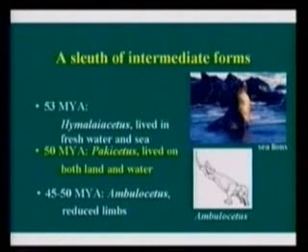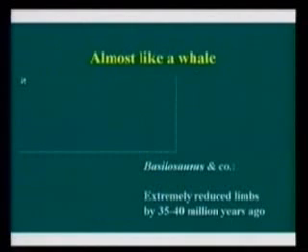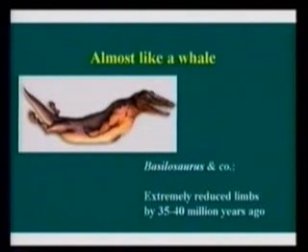A little later on, 35 to 40 million years ago, we have this fellow, Basilosaurus, and a variety of other species of which we have found the fossils. And this thing really has extremely reduced limbs, and it had a completely marine habit. We know that because it's found only in sediments that accumulate under marine conditions, not under fresh water.